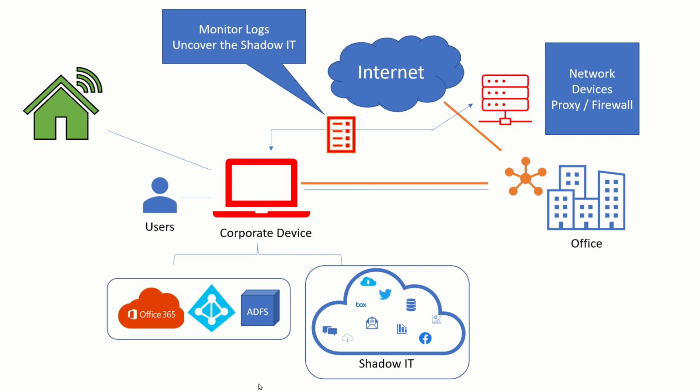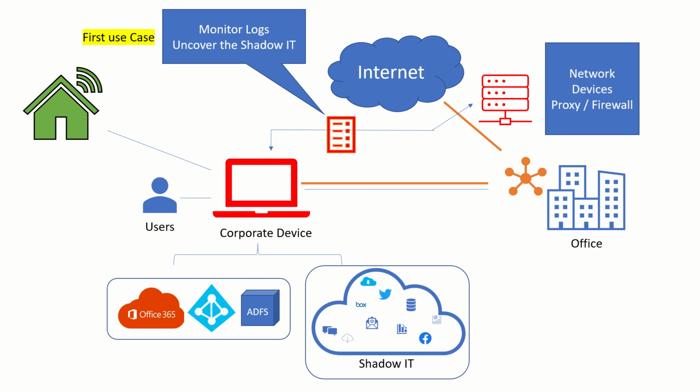So with MCAS, in one line to conclude shadow IT, you can have the logs uploaded directly from the endpoints by getting them onboarded to MDATP, as well as upload all the logs of your network devices, either with a manual method or with an automatic log upload. In this case, you are covering the first use case of a typical CASB solution, which helps you uncover shadow IT, right?